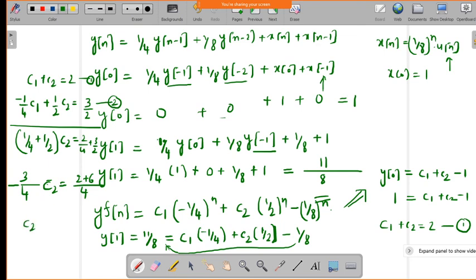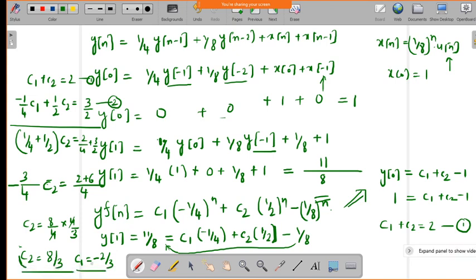So C2 is equal to 8 by 4 into 4 by 3. So the 4s cancel each other and we get C2 as 8 by 3. Similarly, find out the value of C1: minus 2 by 3. C1 is equal to minus 2 by 3. Okay.